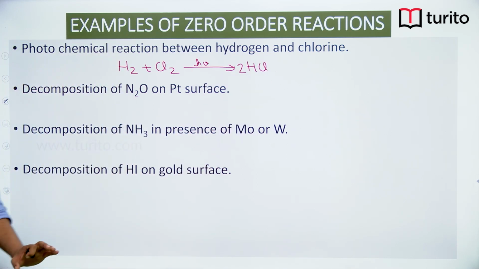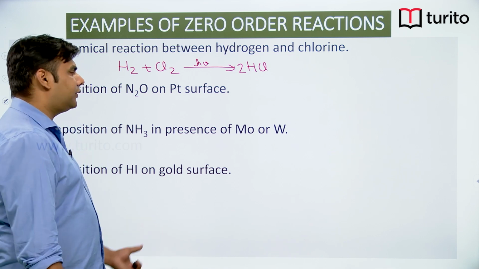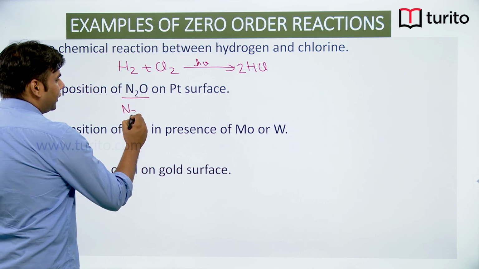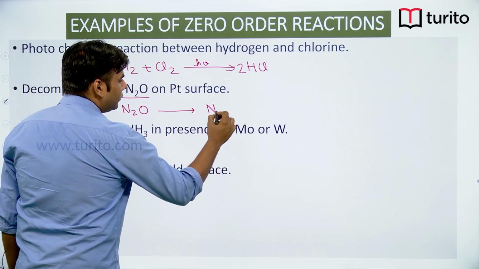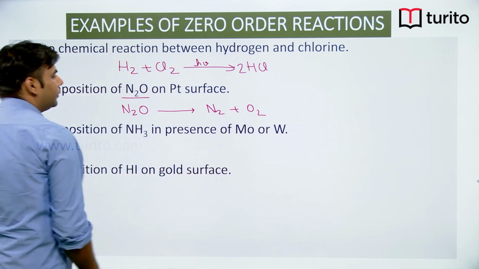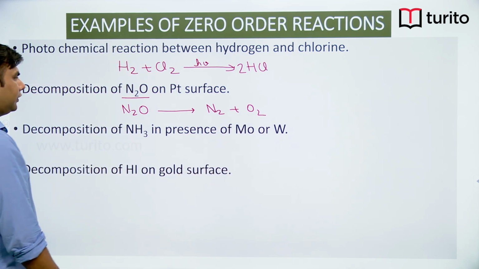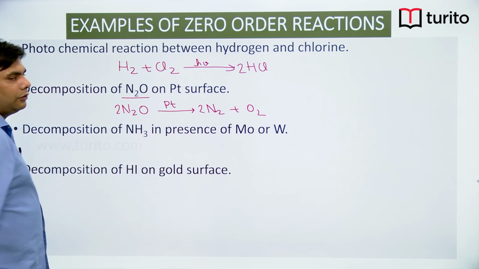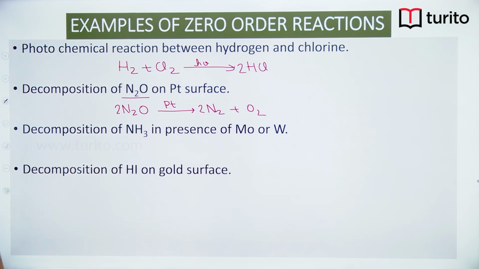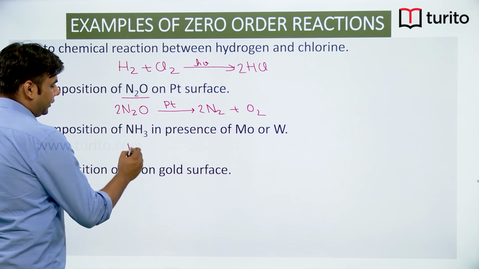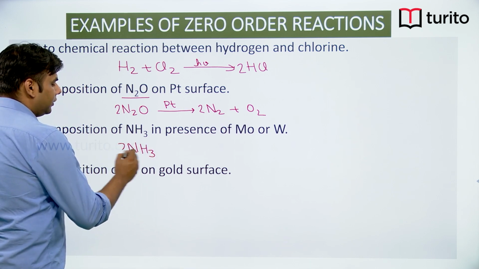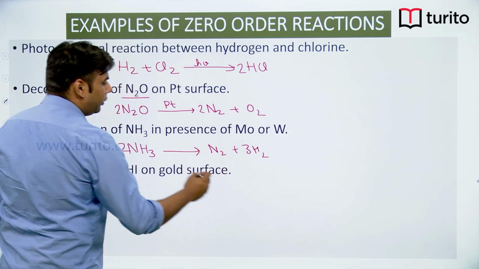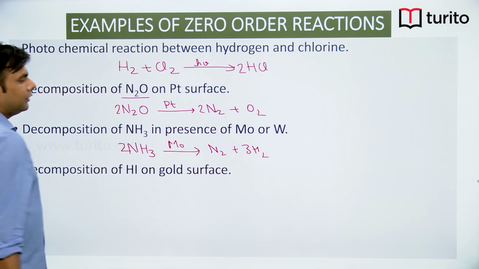Or if you are decomposing any substance on a solid surface, something like N2O on a platinum surface into N2 plus O2, this will again be a zero order reaction with respect to N2O. Decomposition of ammonia in the presence of molybdenum or tungsten, on its surface, will again be a zero order reaction.